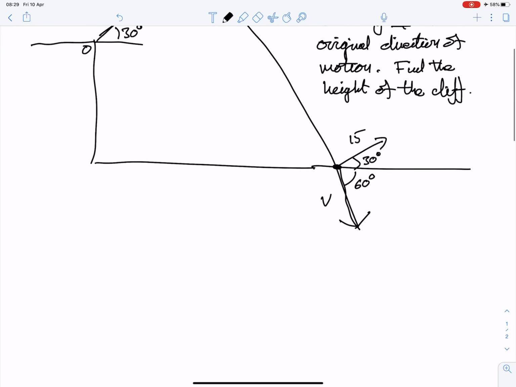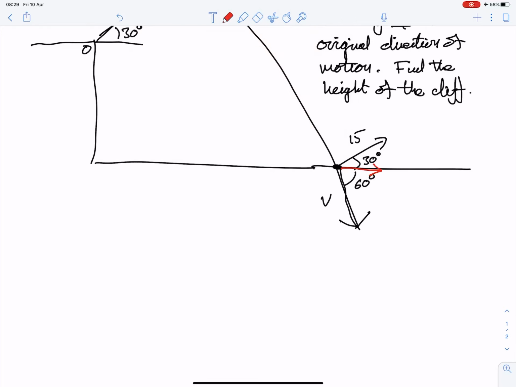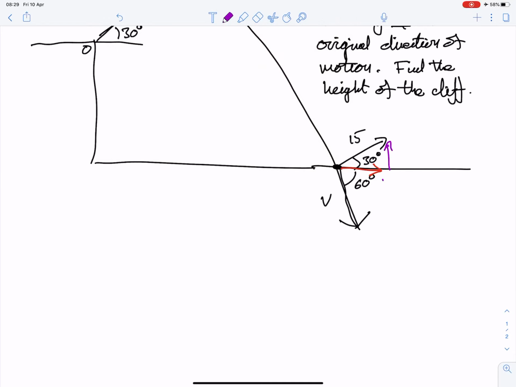And we've done lots of practice on these, so we know that the horizontal speed is constant. So this bit here for both is the same, and then the vertical bits are obviously different. So here it's opposite, so we've got 15 sine of 30, and here we've got V sine of 60.